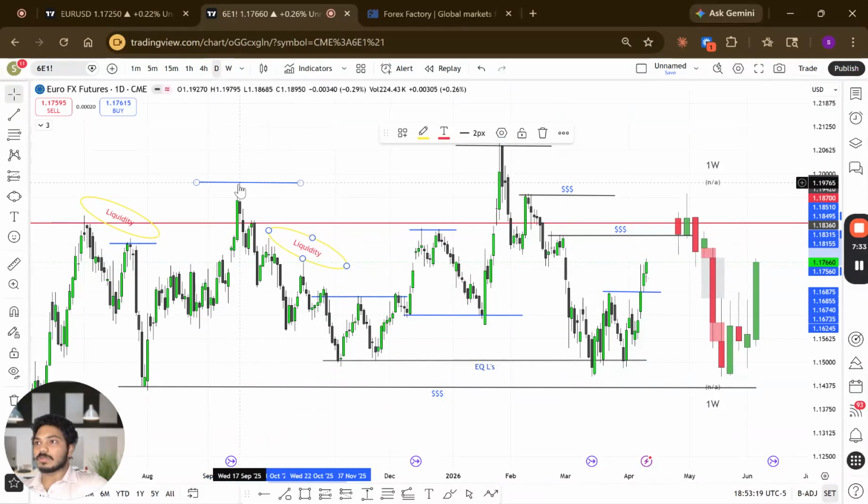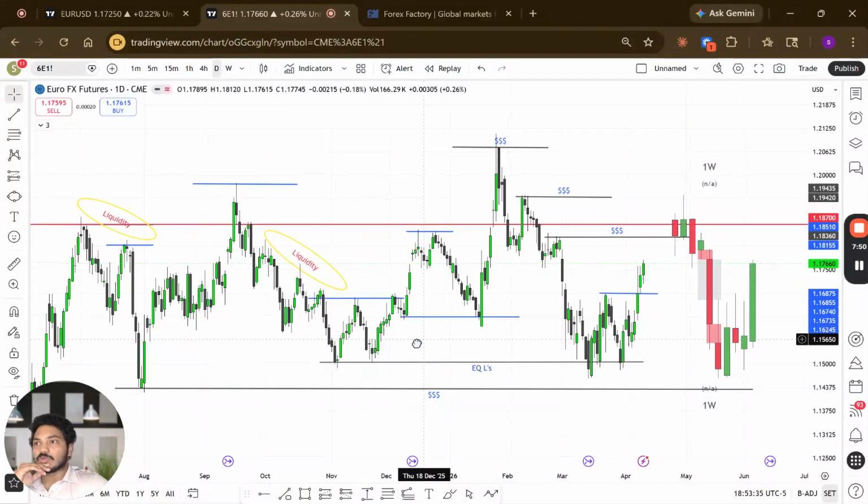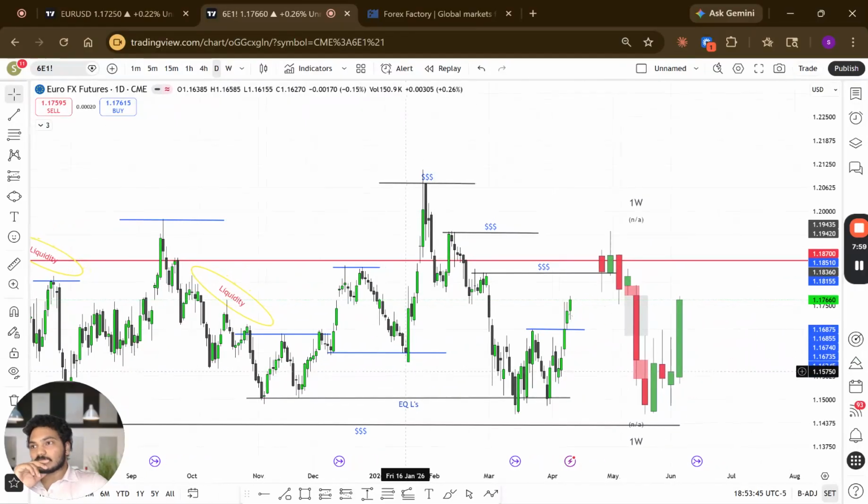It formed a lower low, lower high, lower low, lower high, lower low, lower high, lower low, and lower high. So you can find some liquidity right here. Institutions went on to take out the liquidity above these highs, and it made a new higher high and higher low.